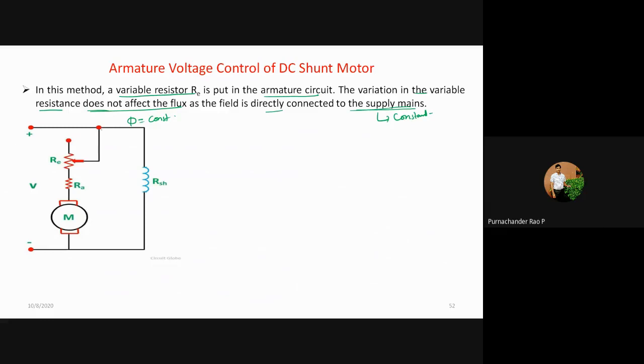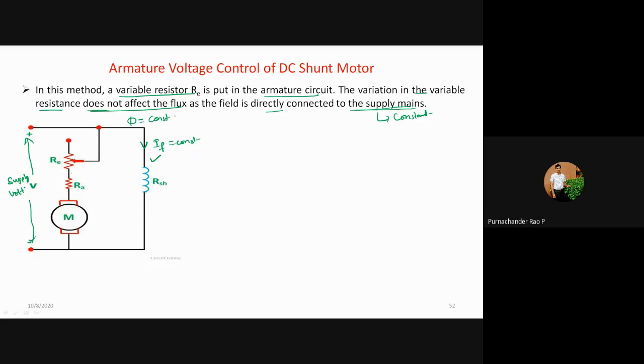Just see that here, this is a shunt field winding RSH. This is having only a constant resistance, and current passing through this will be IF. This is always constant, because this shunt field is connected across the supply voltage. This voltage V is constant, and therefore your current IF is also constant, but some extra resistance is added in series with your armature resistance.